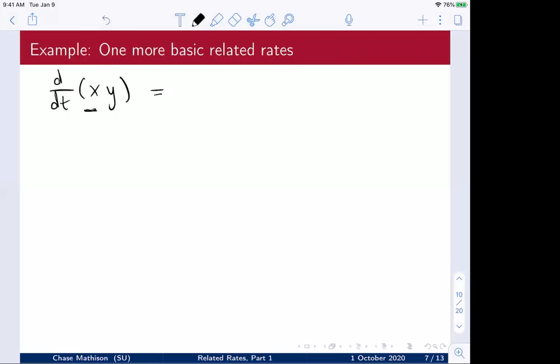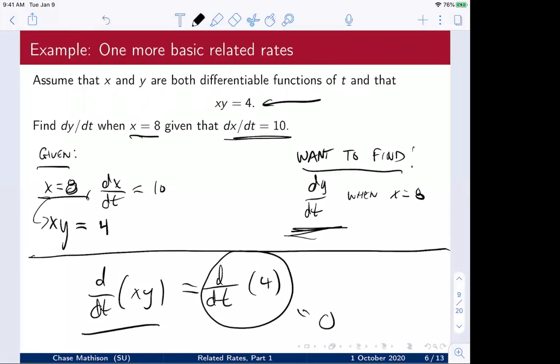So the derivative of the first thing, x, is just dx dt. And then I'm going to leave the second thing alone, times y. Plus, then I'm going to take the derivative of the second thing and leave the first thing alone. So plus dy dt times x. Okay. So there's the derivative of the left-hand side.